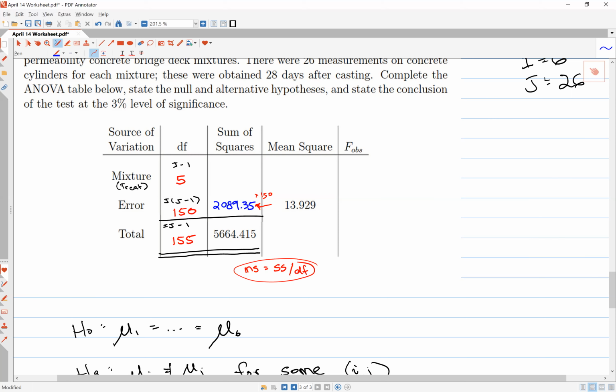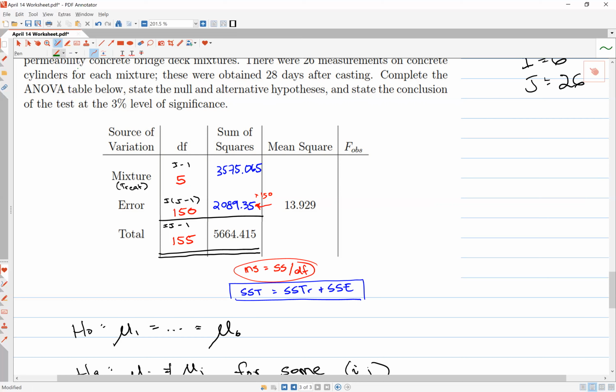And now it's worth remembering, sum of squares total is equal to sum of squares treatment plus sum of squares error. So again, there's this 2 of the quantity summed to the third. And since we know sum of squares for the total, we can subtract sum of squares error to get sum of squares treatment, which in this case is 3575.065.